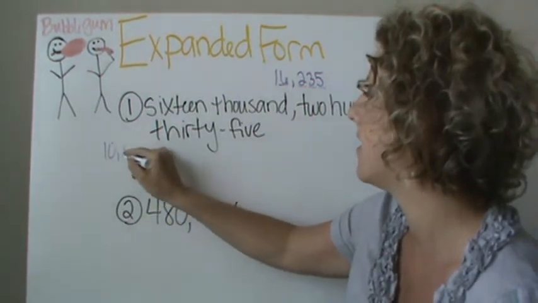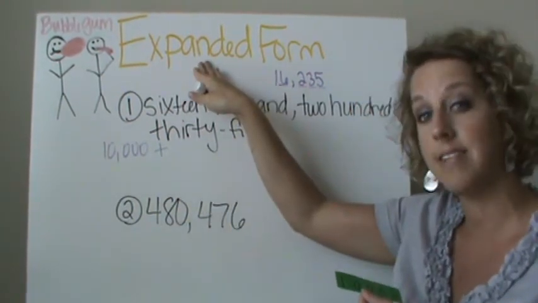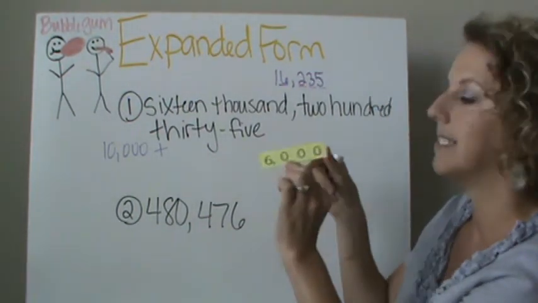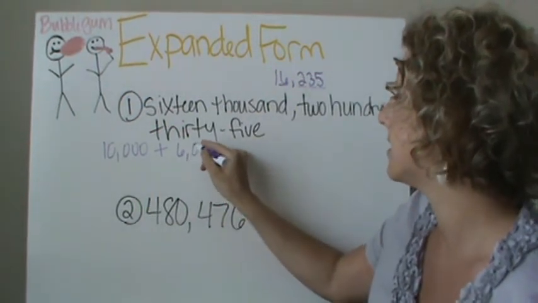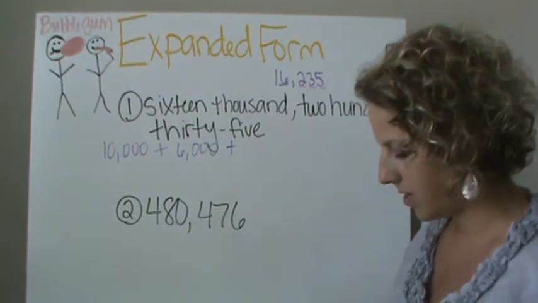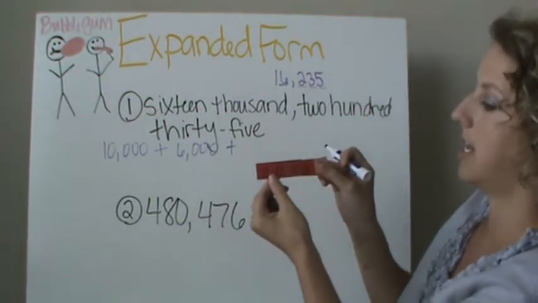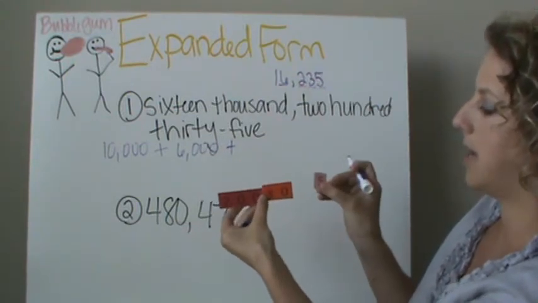So you're going to say 10,000 plus, remember expanded form is the sum of the numbers, 6,000, I pulled it out, 6,000 plus, then you're going to keep stretching, 200, stretch a little further, plus 30, plus 5.